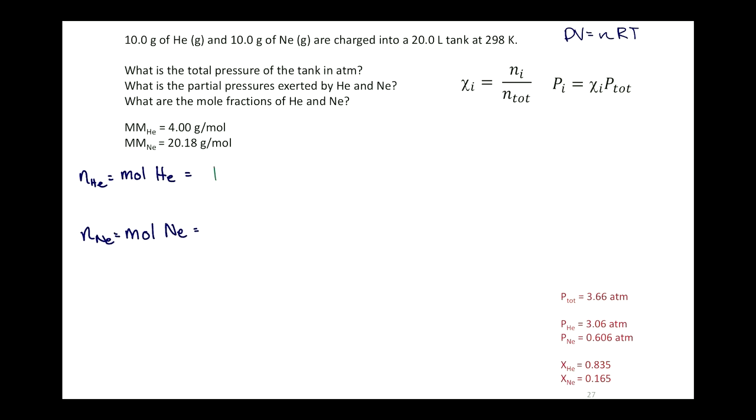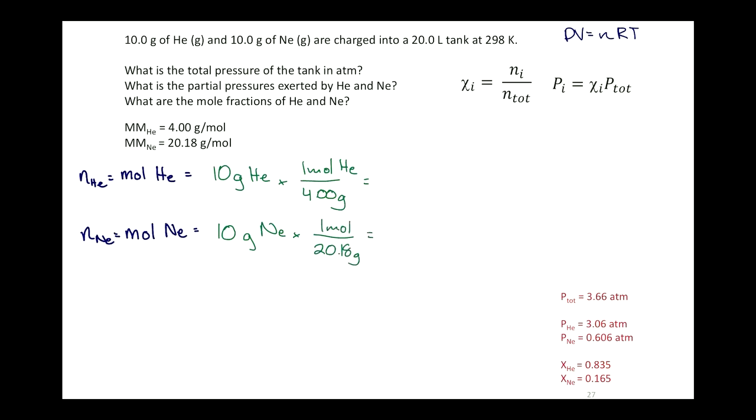So moles of helium, we have 10 grams of helium. The molar mass of helium is basically 4, 4 grams is 1 mole of helium. And that'll give me a mole amount of helium. Then I want to do the same thing to neon. So there are 10 grams of neon as well, but we want to use the molar mass of neon, like 20.18 grams is 1 mole.